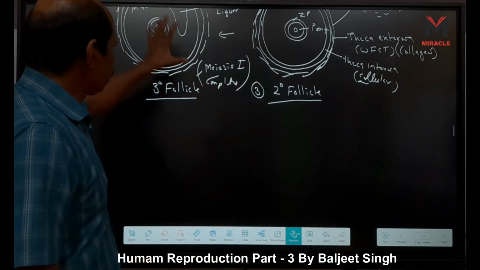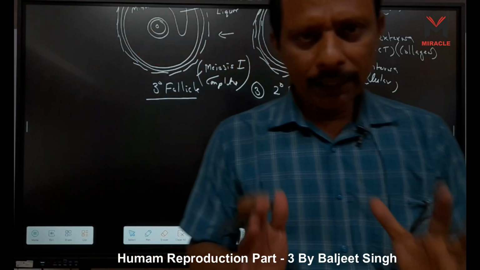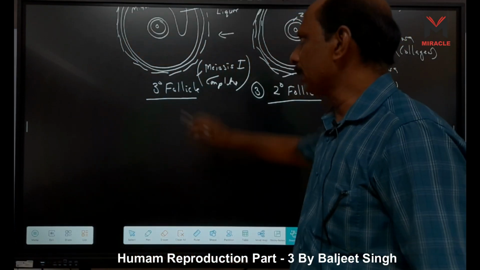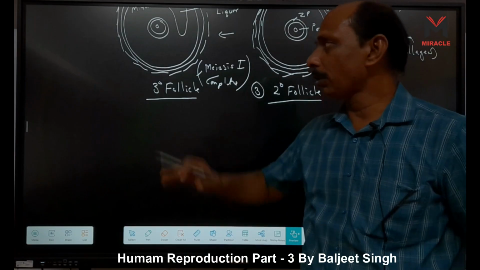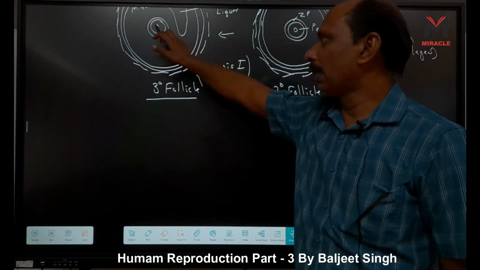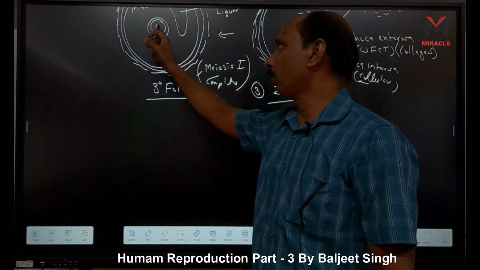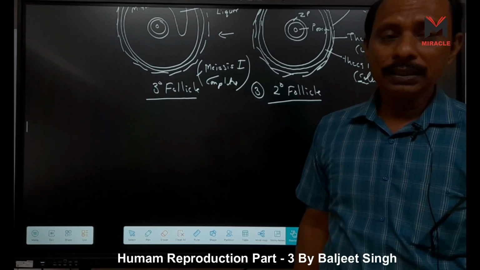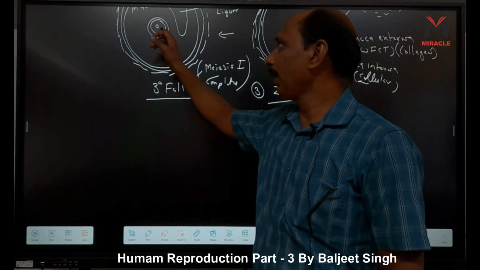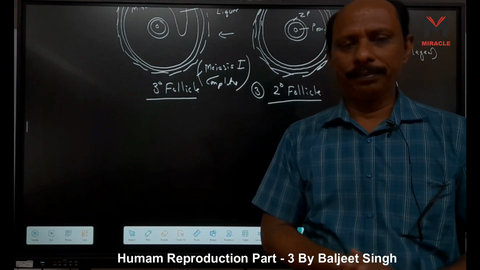Look here, this tertiary follicle increases in size, and this antrum also increases. The oocyte was centrally arranged, right? Here it is, our oocyte. It was centrally arranged, but now it becomes eccentric, meaning it comes to one side, right?